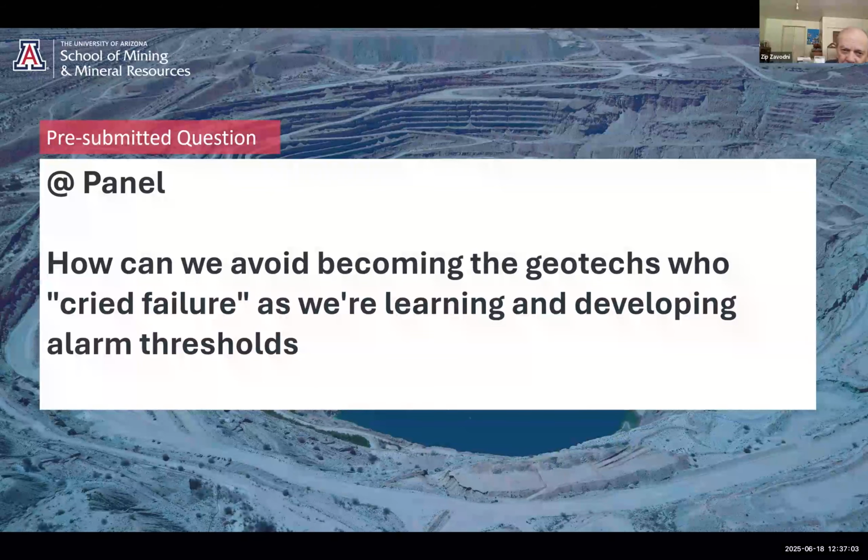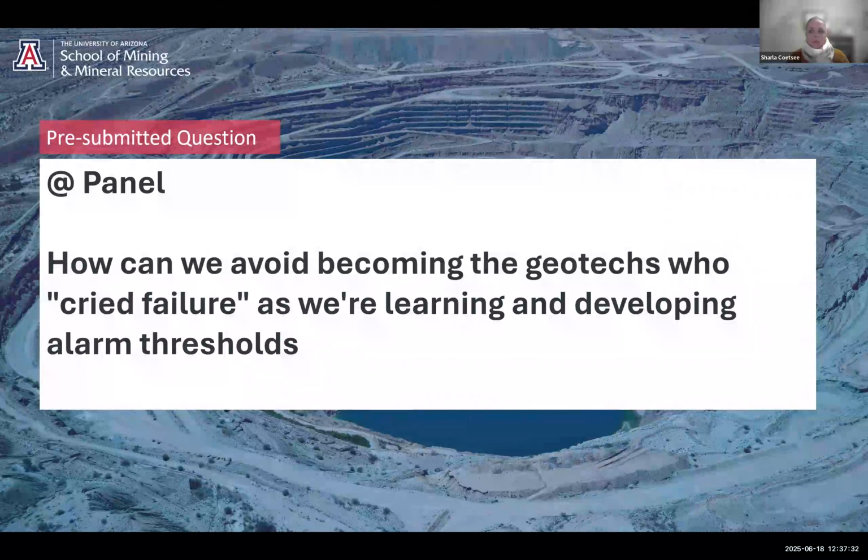Yeah, I think this goes back to what Bob was saying. Really understanding the baseline of the slope is absolutely fundamental. You need to understand the baseline movements first. To add to what Zip said, there are a bunch of methodologies of looking at radar data specifically, but it applies to other sensors.